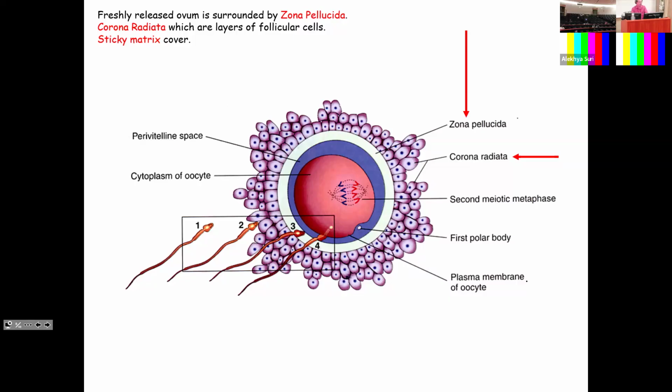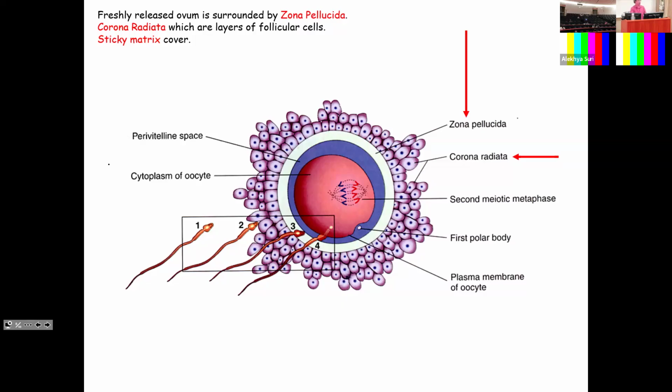Then we have cells here that surround the oocyte. Look at the difference in size. This is one cell, and the oocyte is one cell as well. That's why I'm saying that it's a giant cell, okay? And all these cells are cells that are dragged along with the oocyte when the oocyte releases from the follicle.